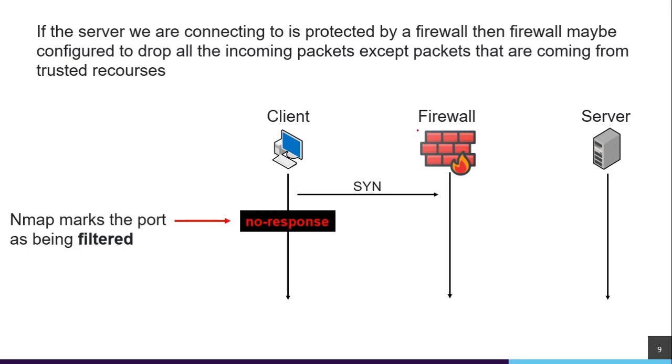Okay, but there is another scenario, because if the server we are connecting to is protected by some kind of firewall, then the firewall might be configured to drop all the incoming packets except packets that are coming from trusted resources.